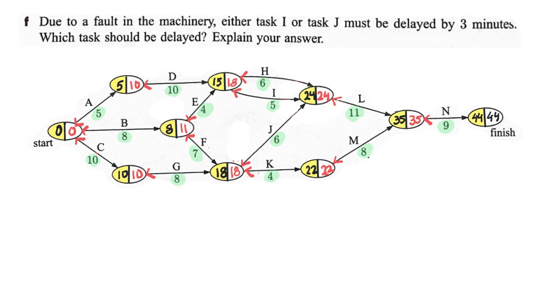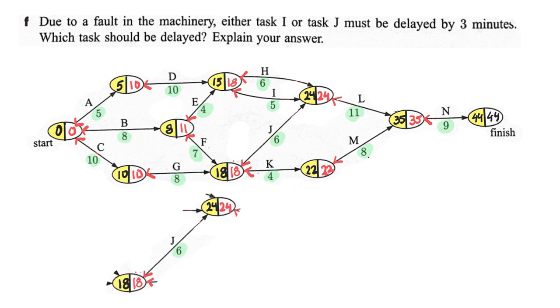And finally, due to a fault in the machinery, either task I or task J must be delayed by 3 minutes. Which task should be delayed? Explain your answer. Let's start with task J. Let's have a look at task J on its own.